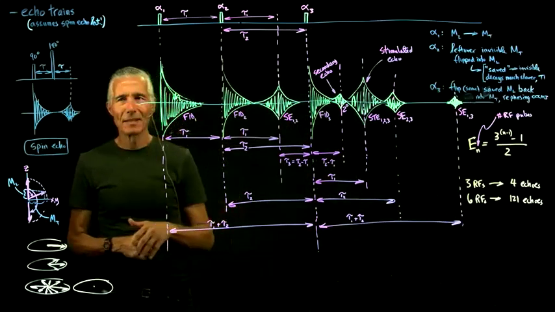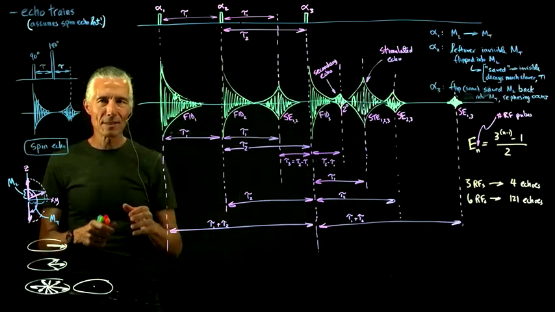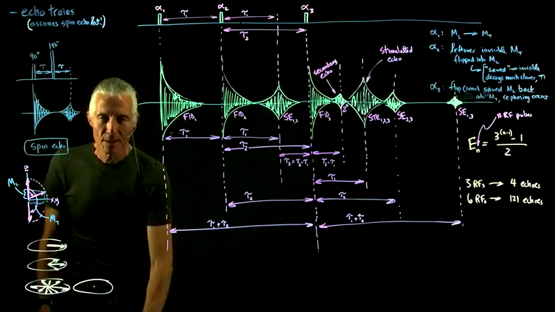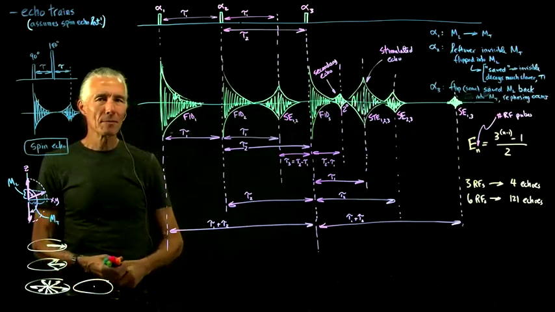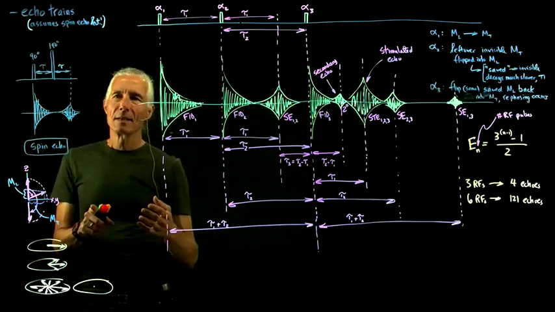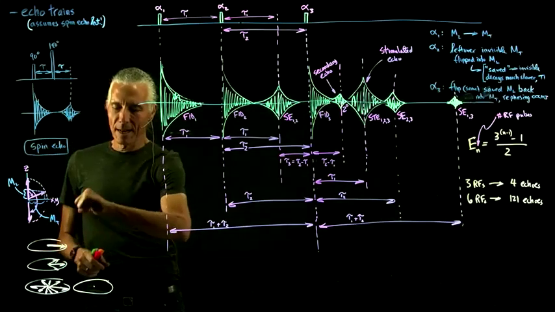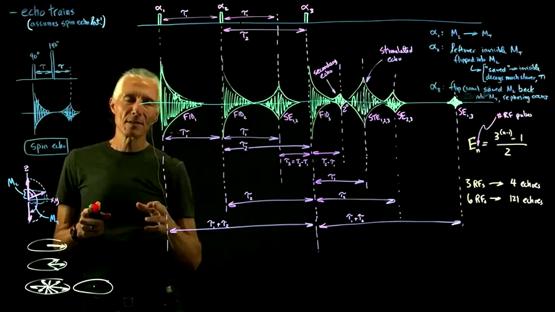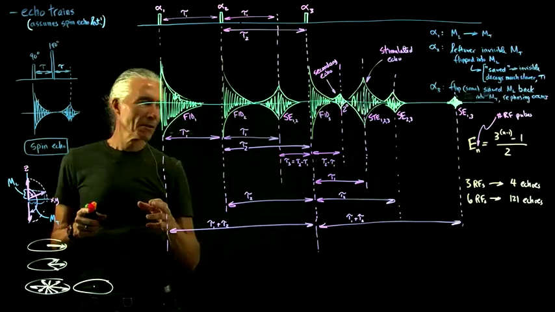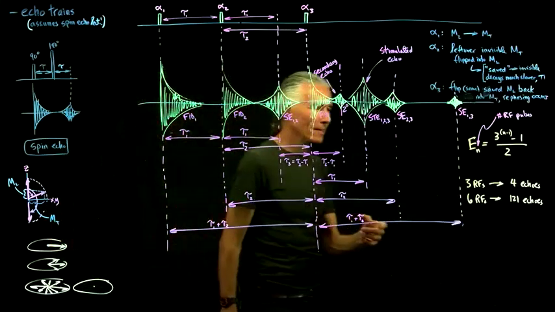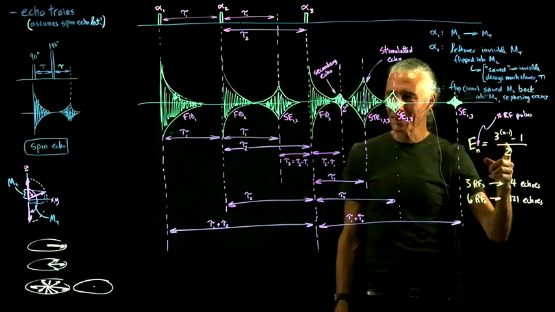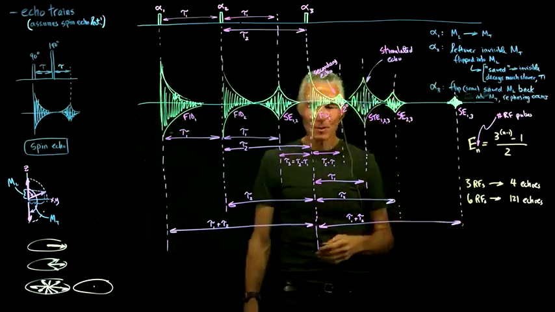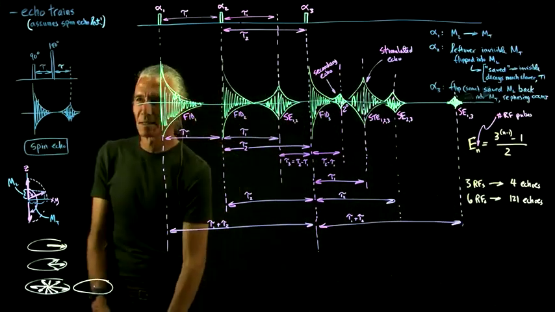The problem isn't making echoes, the problem is managing all these echoes when you're doing thousands of pulses. And just to get some idea of how many pulses you're doing, in say a gradient echo sequence, like a high resolution anatomical scan, you might easily be doing 100 pulses a second. So if you plug 100 into here, you'll get millions of echoes that are happening. And so this is something that has to be managed.